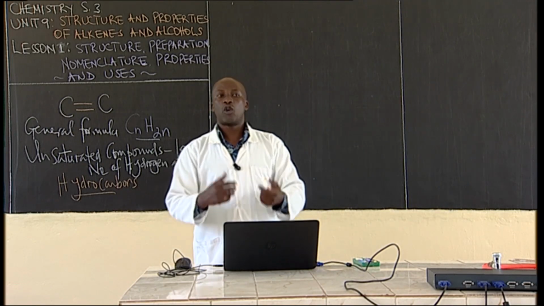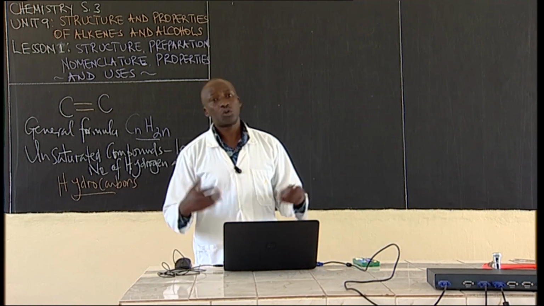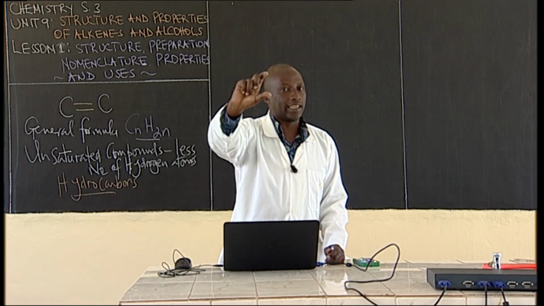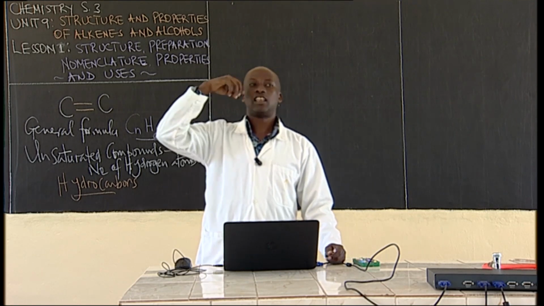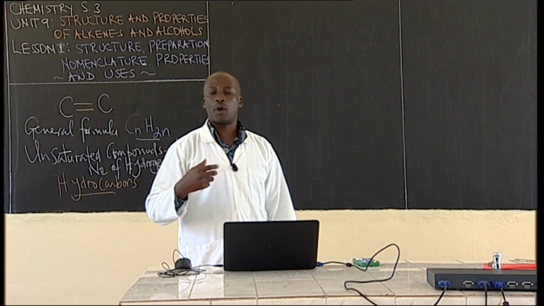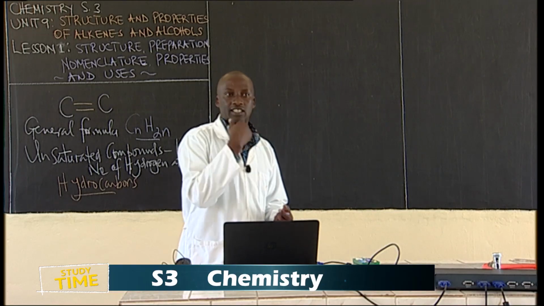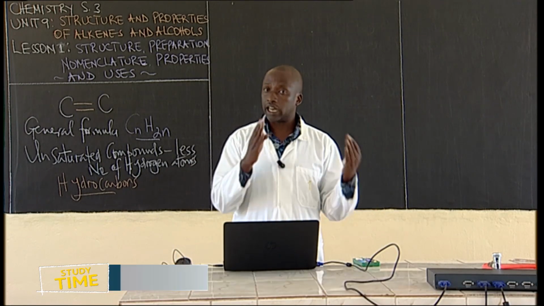So we move on to the nomenclature, naming these compounds. How do we name the compounds? Remember, when we go to the alkanes, in Senior 2, we said in the naming of these compounds, they end with ane. That is the suffix ane. Those are the alkanes.